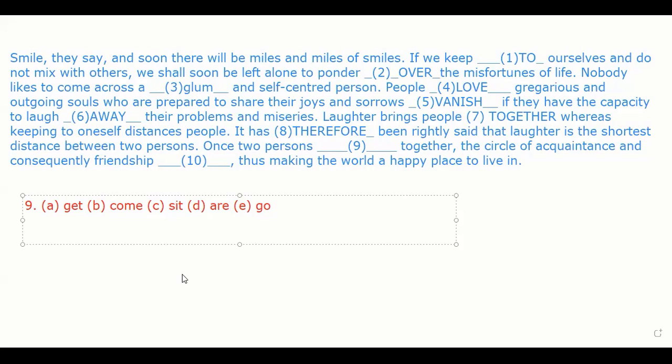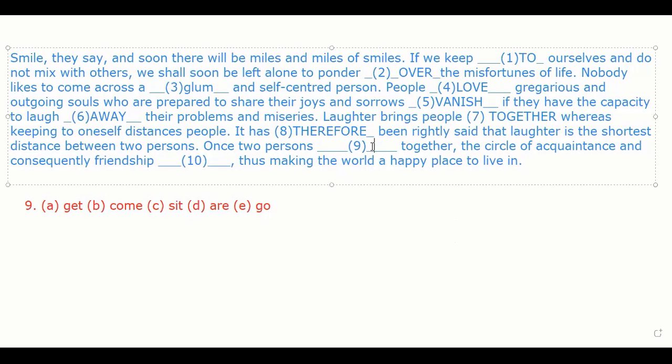So what are they saying? It has therefore been rightly said that laughter is the shortest distance between two persons. So now you are bridging the distance, and people come together. Once two persons come together, the circle of acquaintance and constant friendship grows, and then they will get along. So "get together" is correct, but here first people have to come together. That's the starting point. That's why in this option, "come" is the better one. Clear? There is a very, very thin difference, guys.